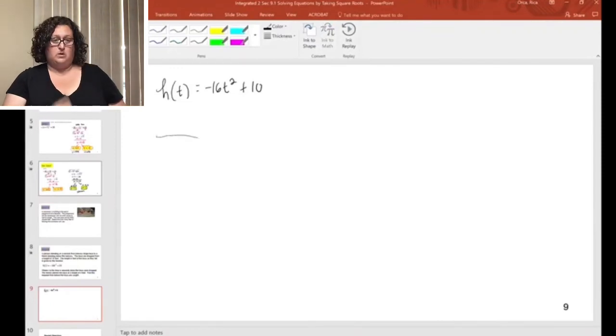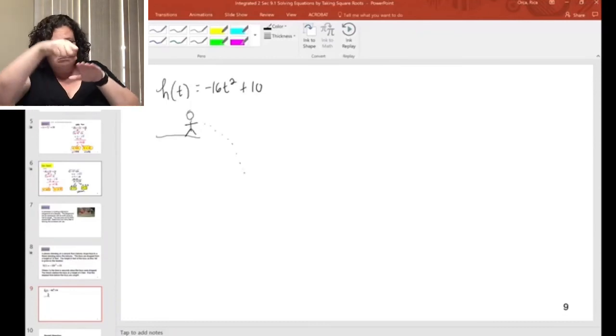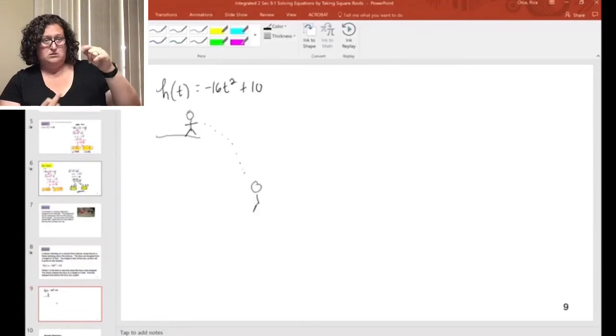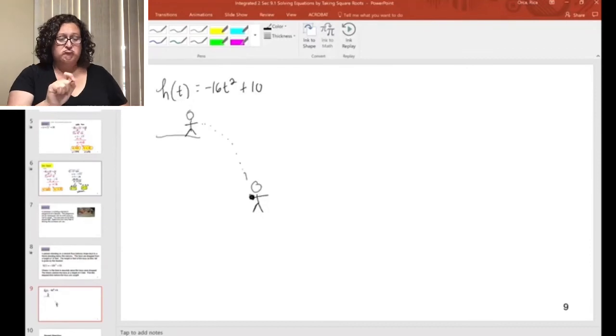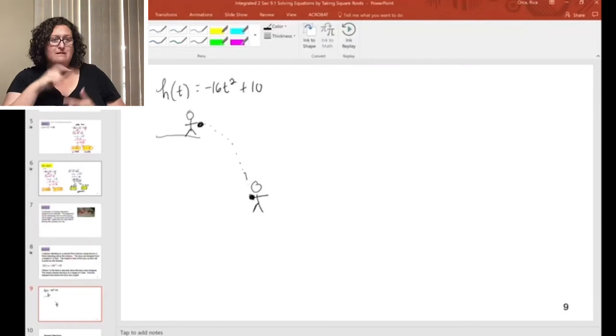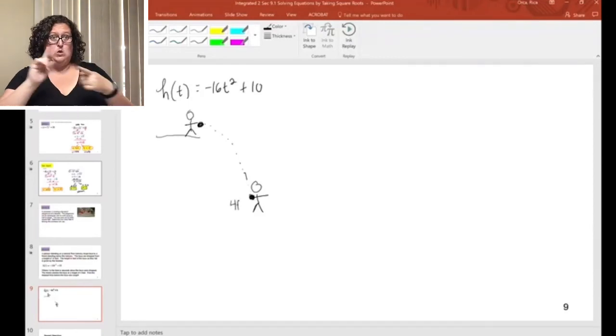So we have this person who's at a balcony, and this person drops the keys to his friend, and the friend catches it at 4 feet. So that dot's going to represent our keys. Since the friend catches it, the distance between the ground and the keys as of right now is 4 feet. And we want to figure out how long it took for the keys to be caught.